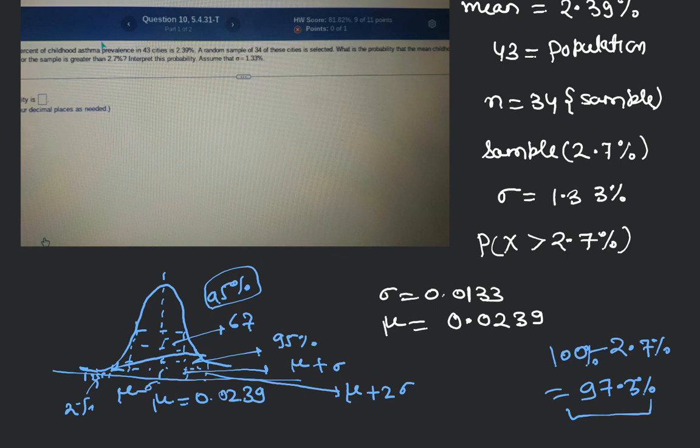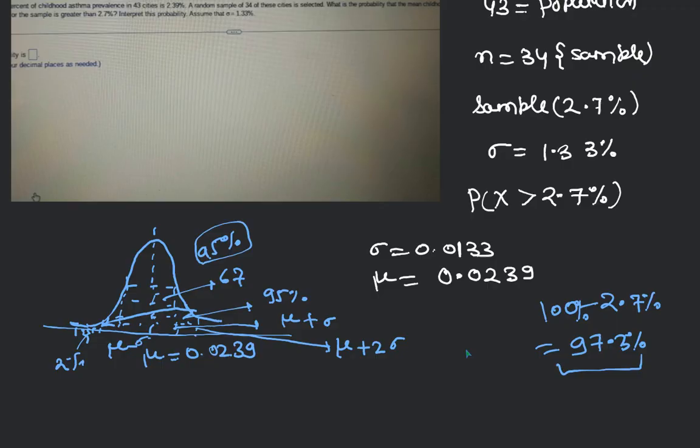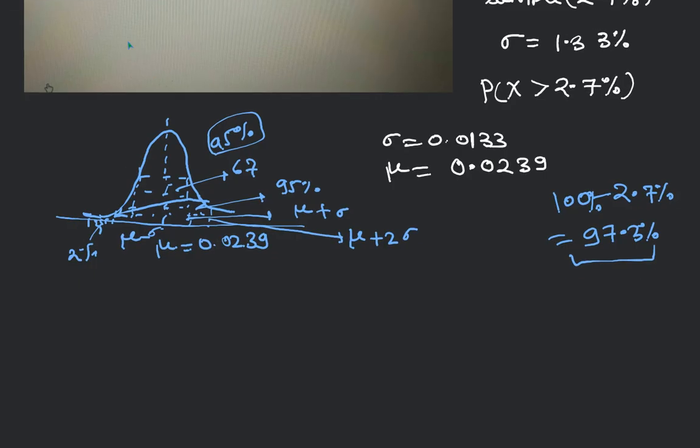Basically, we need to find the Z score. So how do we calculate the Z score? Let me write it here. Just give me a moment. In order to find the Z score, you can use the standard normal distribution table.